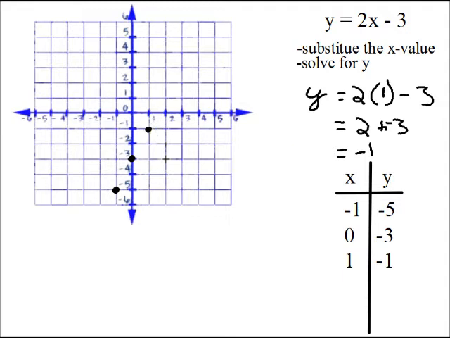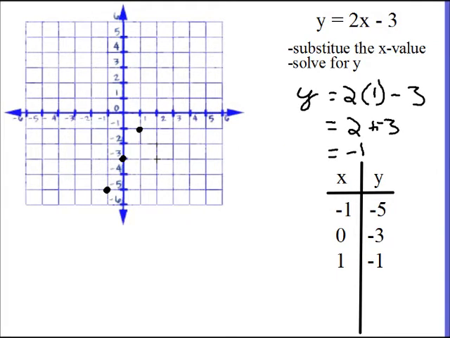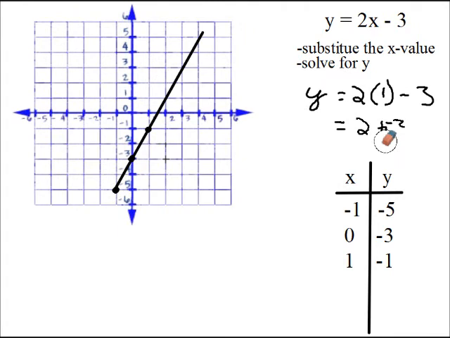You can still see the straight line that we're forming even if we were to add additional points. I'll connect these points to show. So if I were to use other points, for instance, I could probably expect the point (2, 1) to be on this line. And we can check that real quick as well.